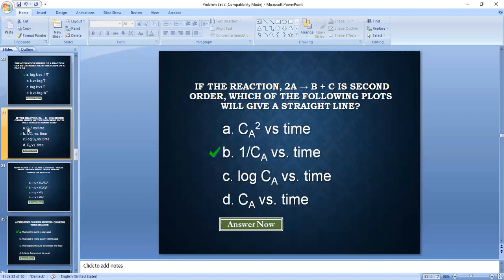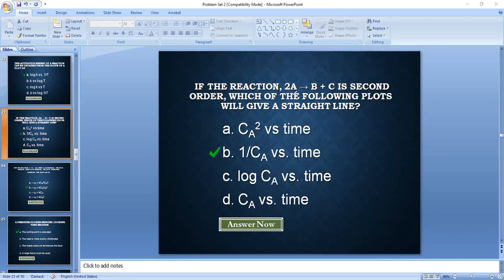The reaction is 2A forming B plus C in second order. Which of the following plots will give a straight line? This one. If you recall, again, the formula for a second order reaction, this is case 2, bimolecular single species, case 2, because we have 3 cases under second order reaction.